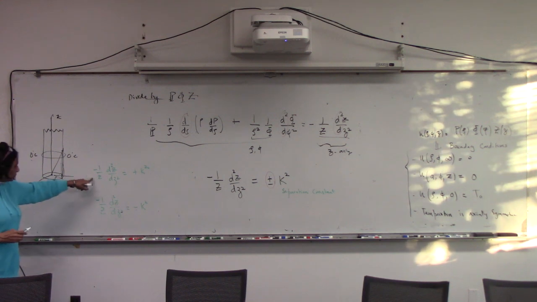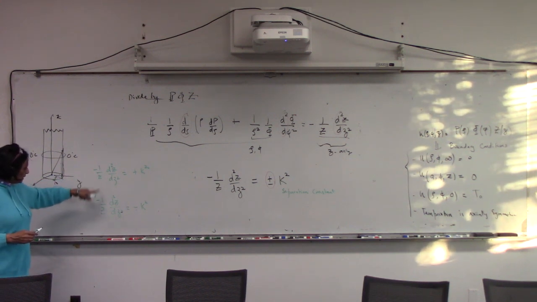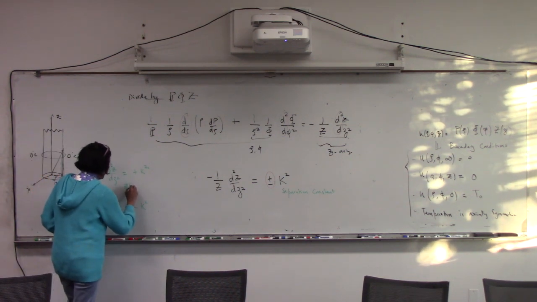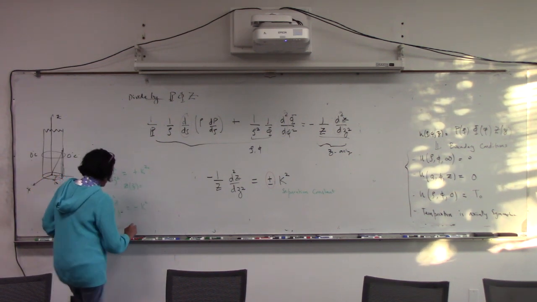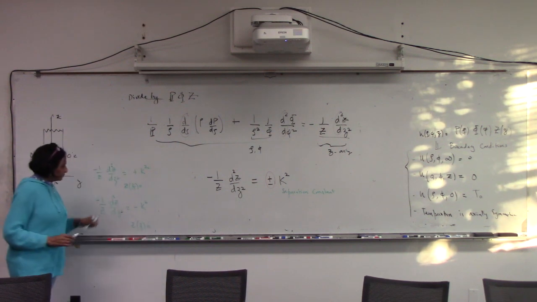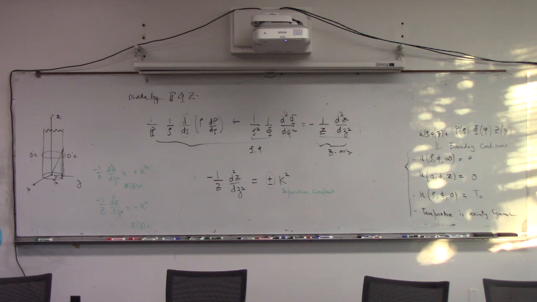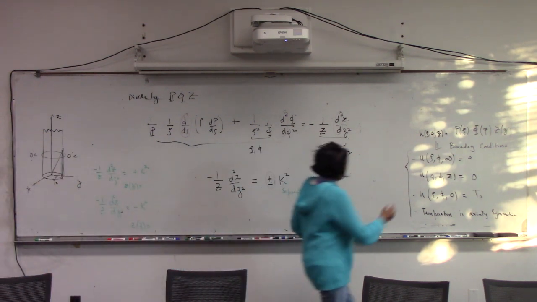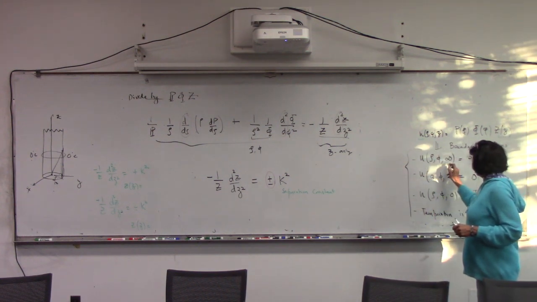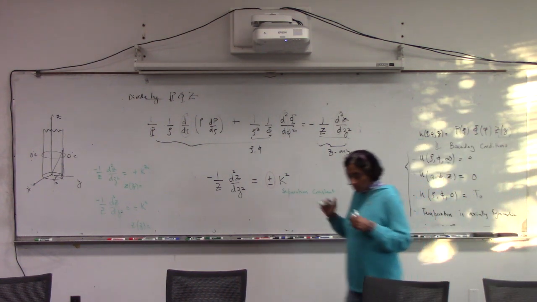If I chose this, what is the solution? Z as a function of Z. Here, what is Z as a function of Z? That will tell me which sign I should choose. The easiest way is that the behavior of Z is the same as the behavior of U at Z equal to infinity, right? So which one should I choose?